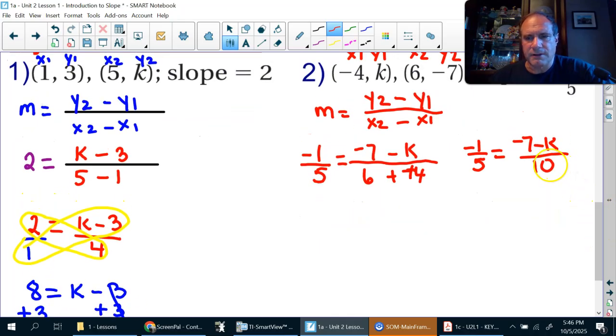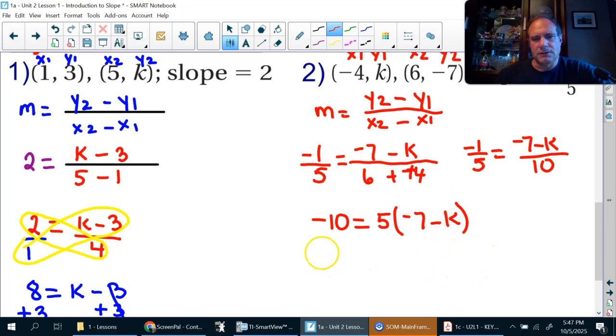The butterfly method, whatever you want to call it. 10 times negative 1 is negative 10. 5 times negative 7 minus k is that. So negative 10 equals negative 35, because 5 times negative 7 is negative 35. 5 times negative k is negative 5k. Then you add 35 to both sides.